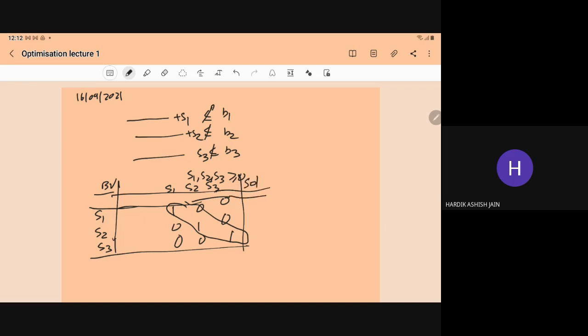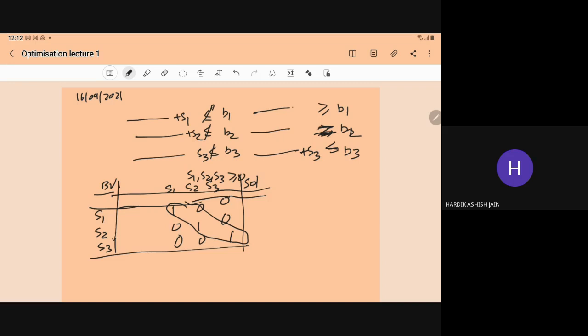That is the thing. Now, by chance, if the constraint is of greater than type, and equal to type, or you can say this is the equal to type and this is your less than type. So for the less than type, we have to add the slack variable.